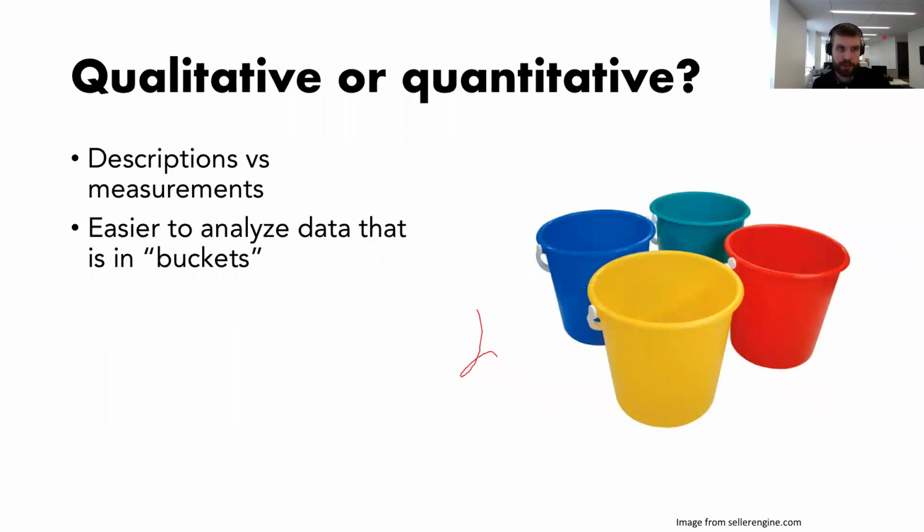You need to think about the difference between qualitative or quantitative data. So qualitative data approximates or characterizes, but does not measure the attributes, characteristics, or properties of a thing or phenomena. So qualitative describes, whereas quantitative defines.